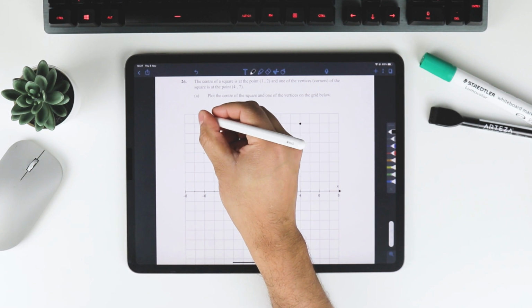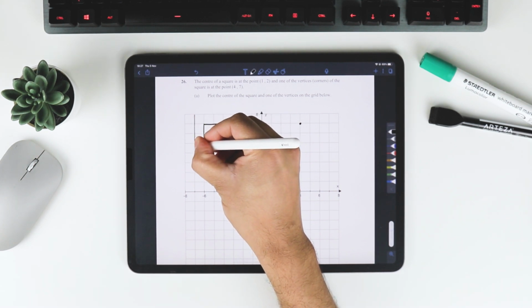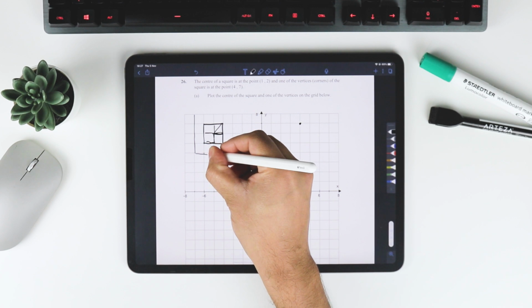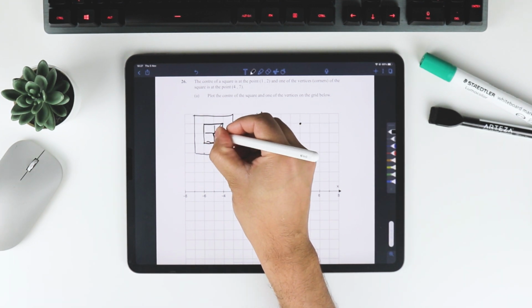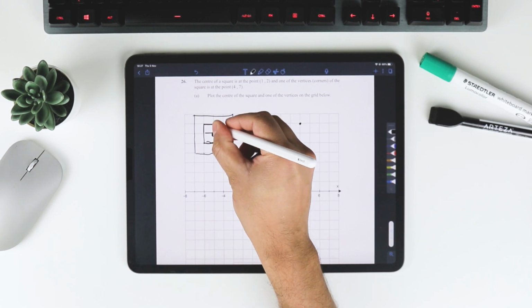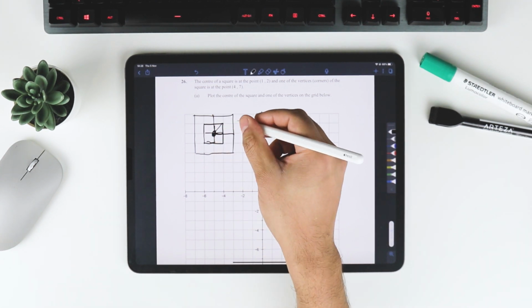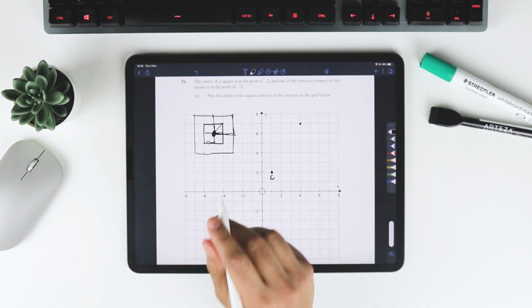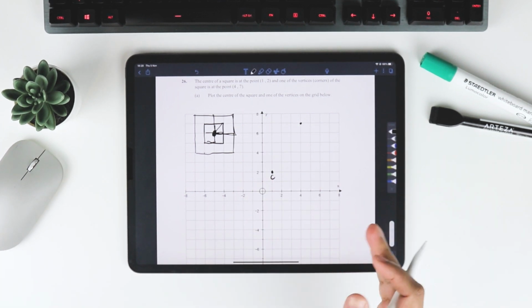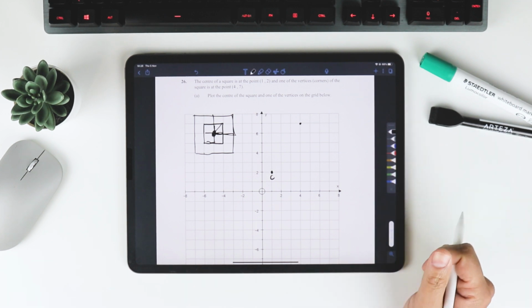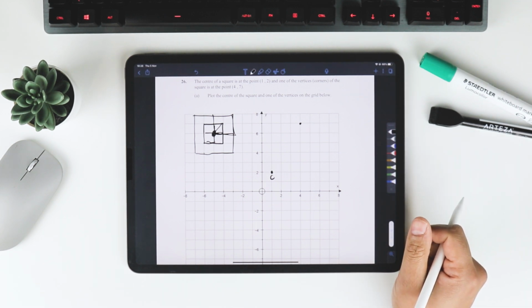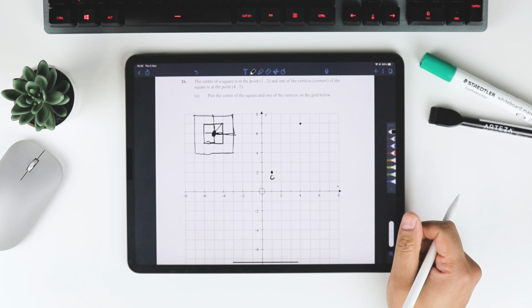Even if it's a larger square, if it's a 4 by 4 square, and that's the center again, it's 2 across and 2 up to get to the vertex, or 2 across, 2 down, which will get you to the 4 vertices.